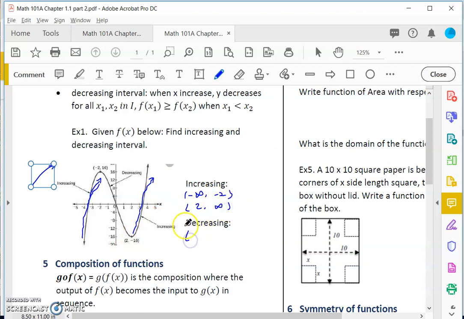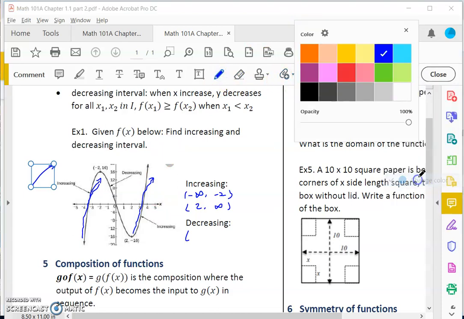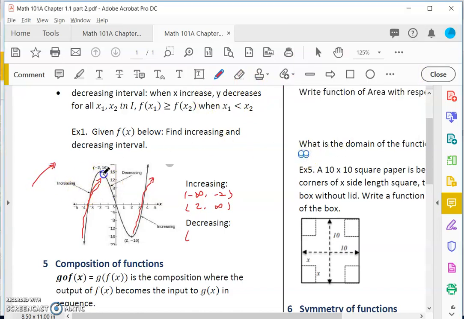When is it decreasing? Maybe I'll choose another color. Let's say red for decreasing. Okay. So this is decreasing. Decreasing is going down.